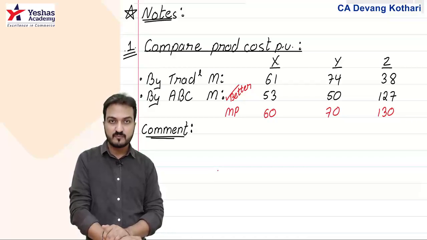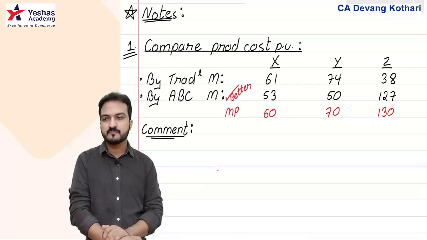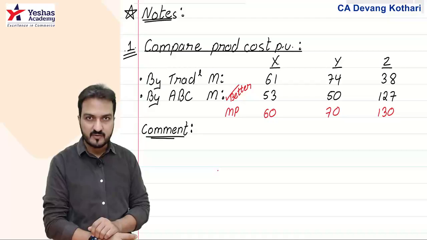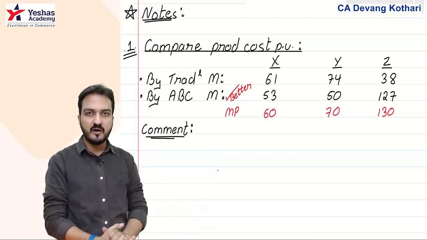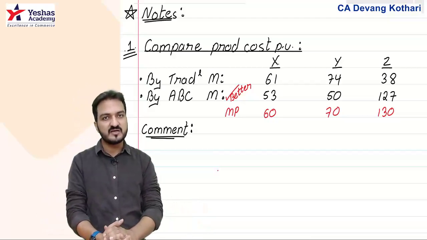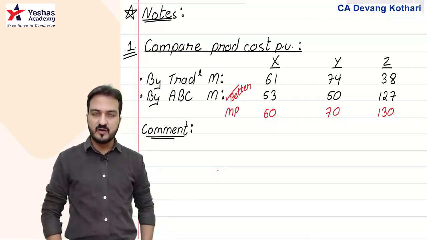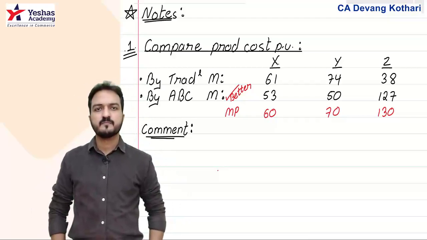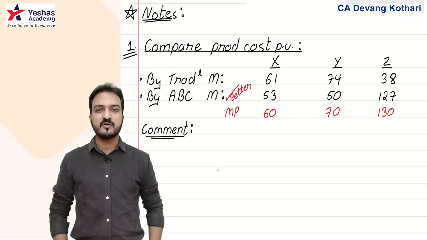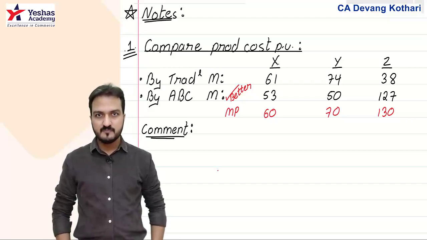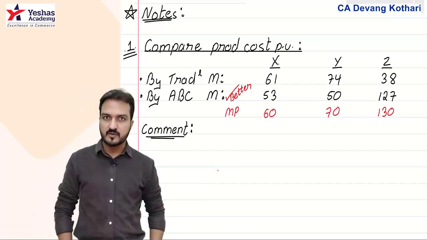Or because of higher cost estimated, it might appear that these products have less profit, due to which company might decide to discontinue the products.